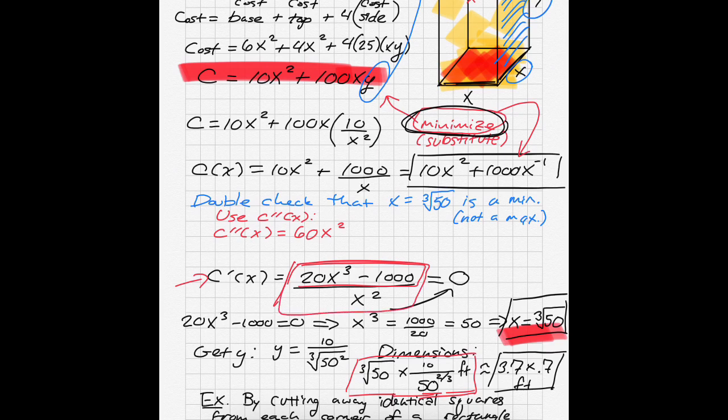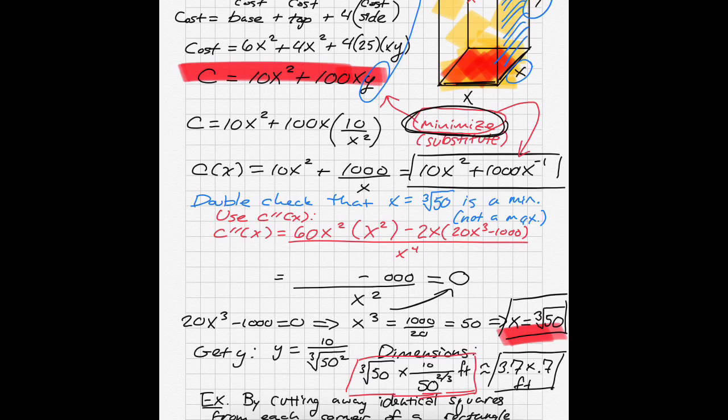So let's see, I have a quotient here. I'm looking at the whole quotient. So derivative of the top, 60x squared times the bottom, minus derivative of the bottom times the top over the bottom squared.